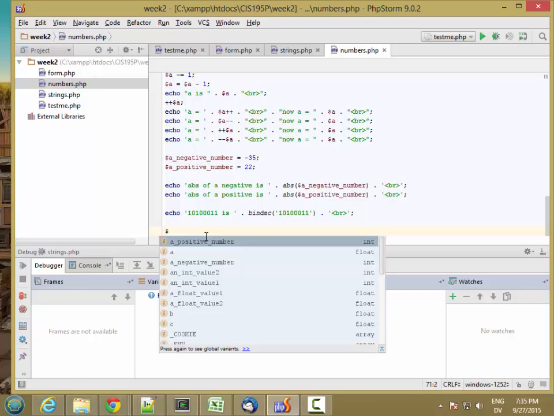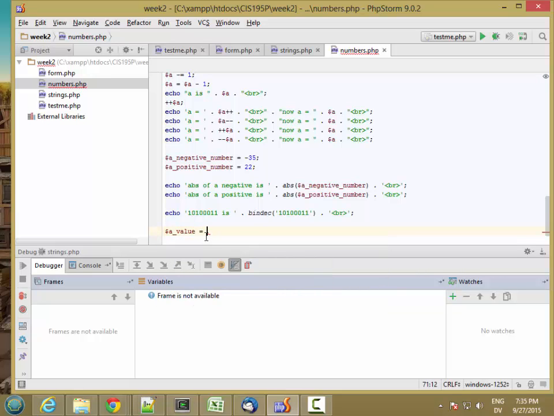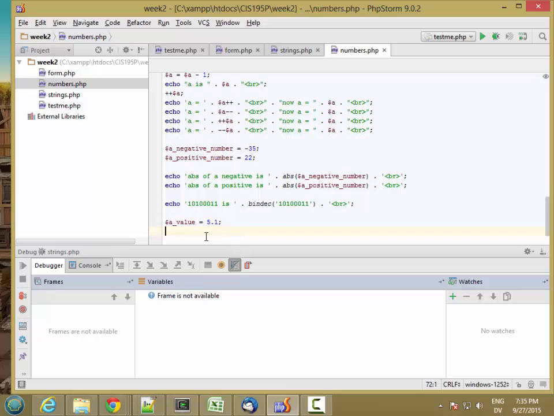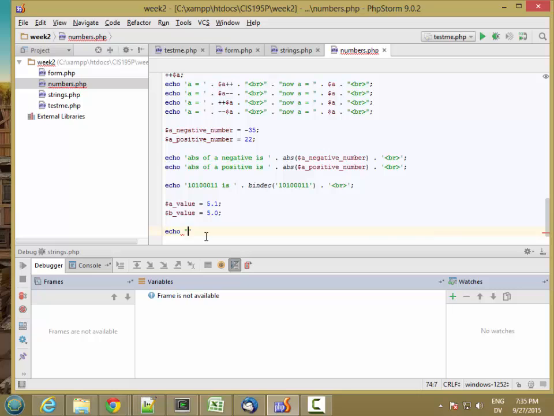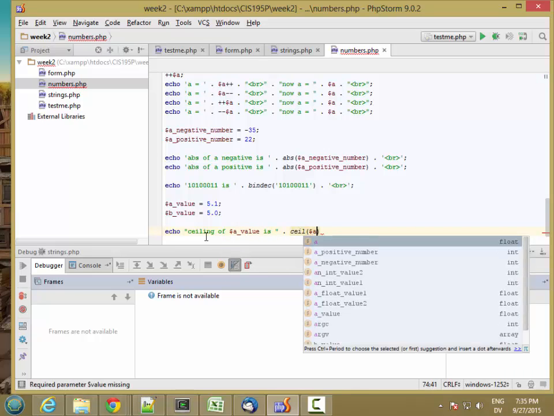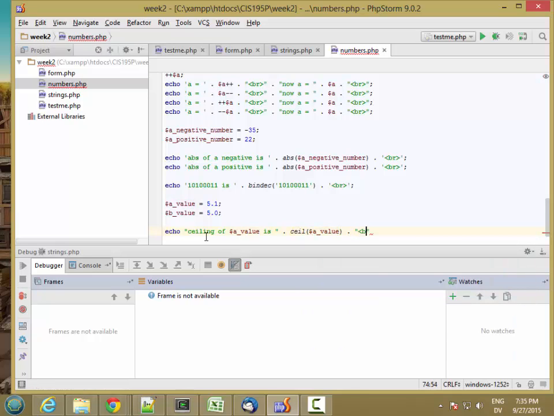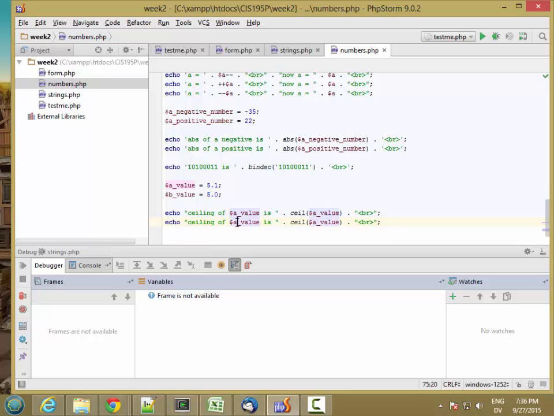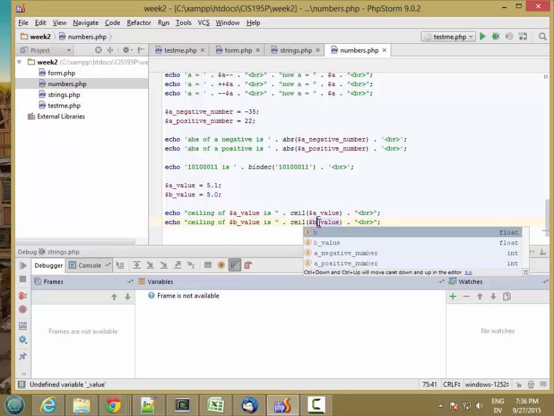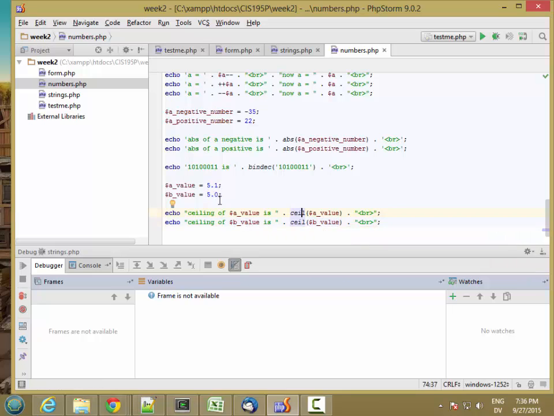So if we say a value is 5.1, this is going to be the smallest whole number that's equal to or greater than this number.